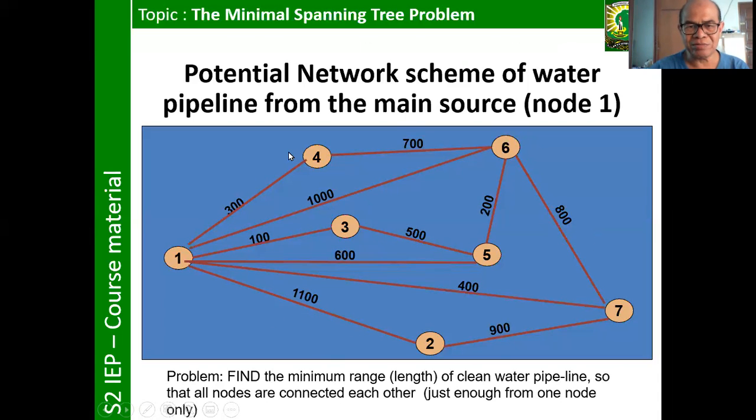This is the network of 6 villages, from village 1 to village 3 is 100 miles, from village 1 to village 6 is 1,000 miles, something like that. So this is the problem. We would like to connect all of these 7 nodes with water pipeline with the minimum total length.